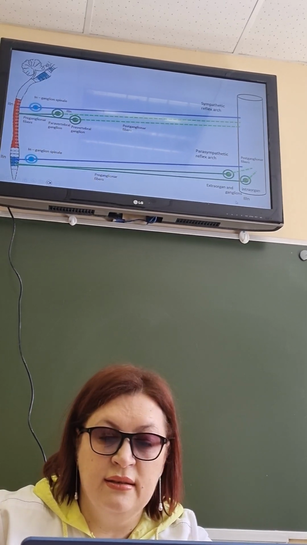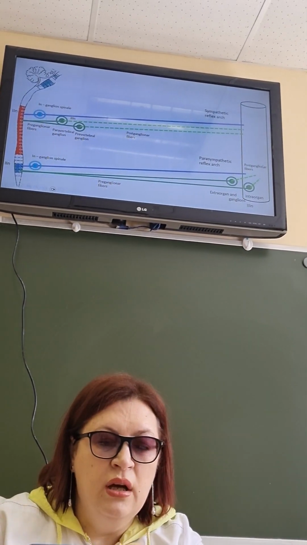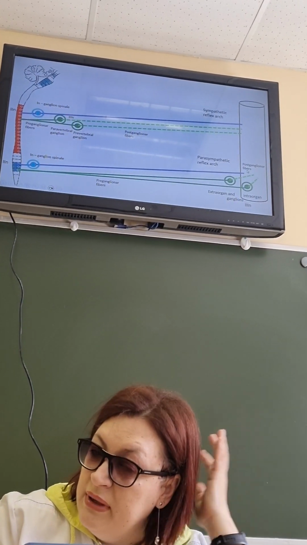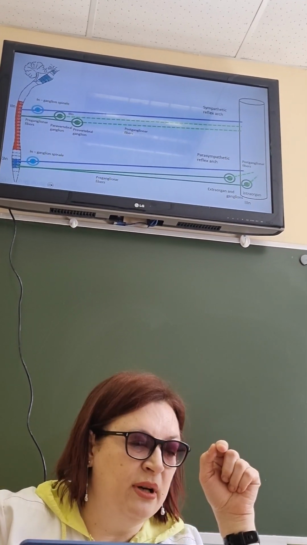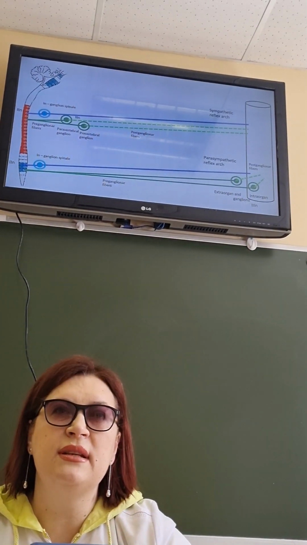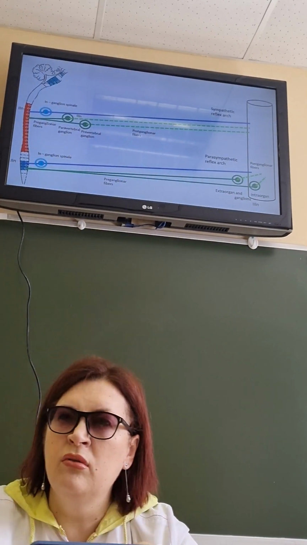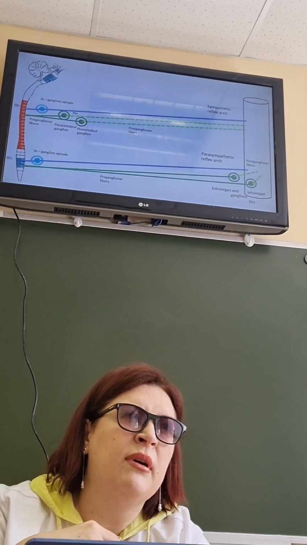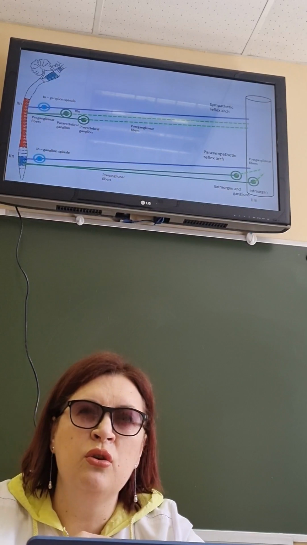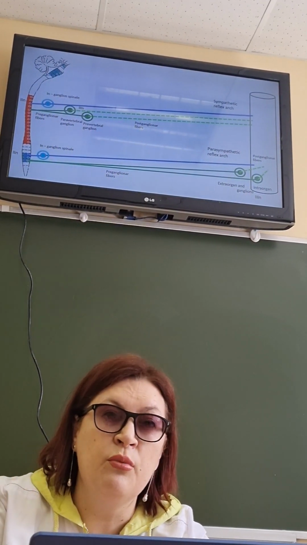Next information. Parasympathetic reflex arch. I remind you, you should remember the sensory part. All reflex arches, somatic, sympathetic, parasympathetic, are the same because they are represented by sensory neurons. Sensory neurons are pseudo-unipolar neurons.